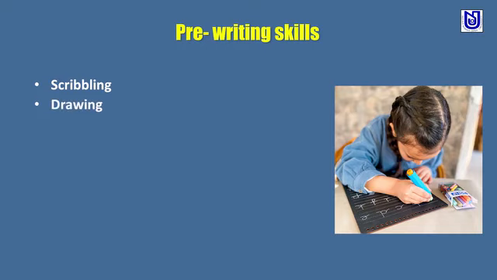But in drawing, the child starts to make certain forms, and that is very much related to imitating letters. The child draws and then draws letters, and that is imitating letters. The child doesn't know what is a P and what is a D and how P is different from D, but the child draws, and often they interchange P with D.